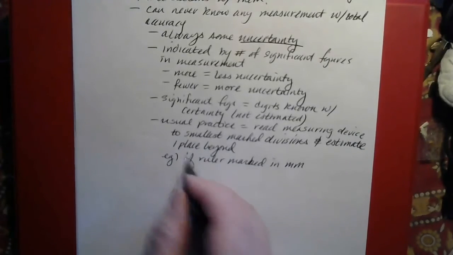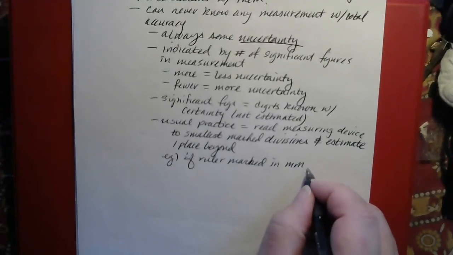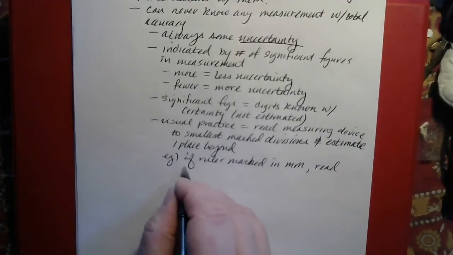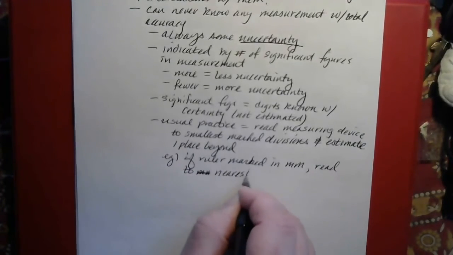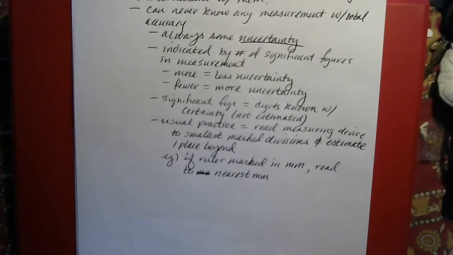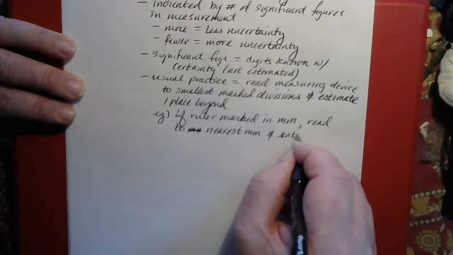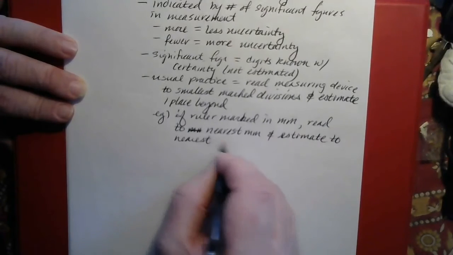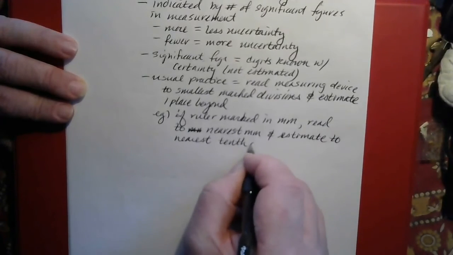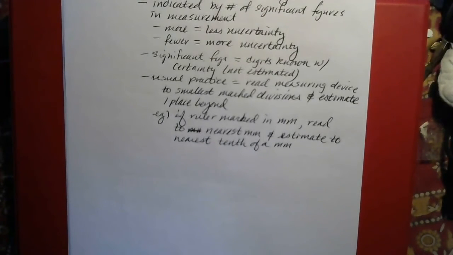So for instance, if you're using a standard metric ruler where the smallest markings are millimeters, then you would measure the object to the nearest millimeter, and then estimate to the nearest tenth of a millimeter.